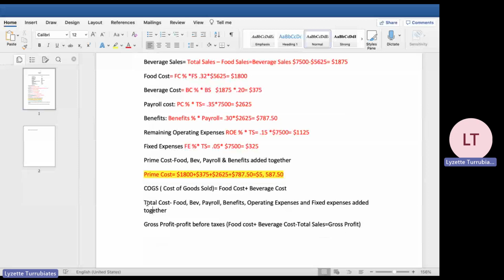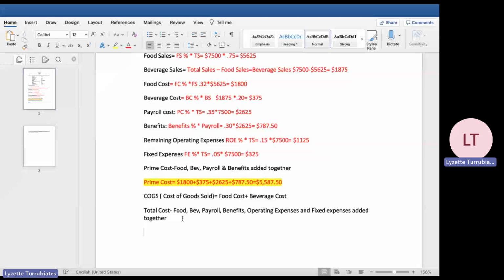Okay, now we're going to do total cost. So our total cost is everything it costs us, right, to operate and to sell our food. So our food costs, our beverage costs, our payroll, our benefits, our operating expenses, and our fixed expenses. So all these costs, everything that we spent in order to operate, get added together. So we already have our payroll and benefits, right? So we can already utilize this and start adding in.